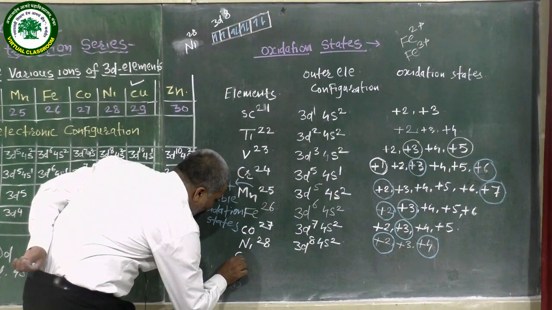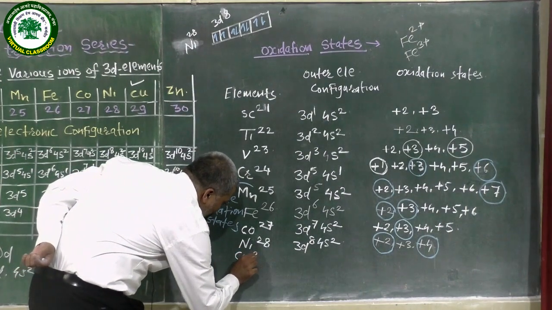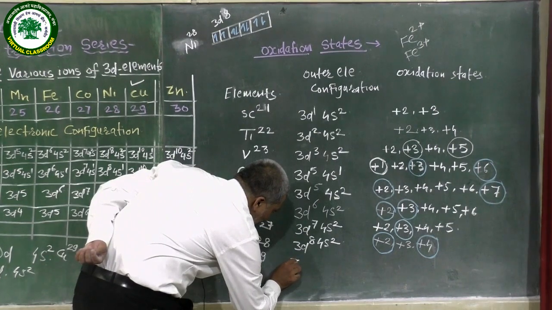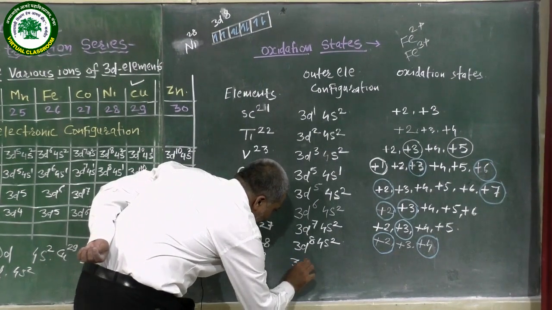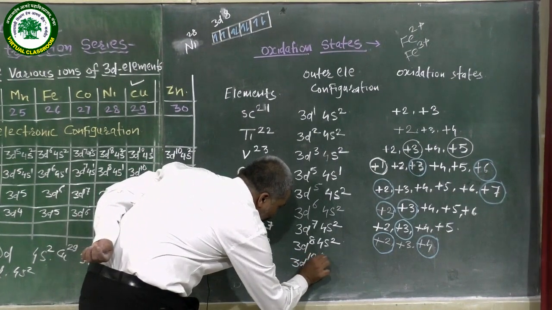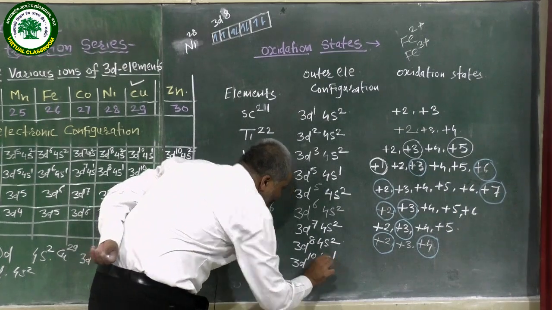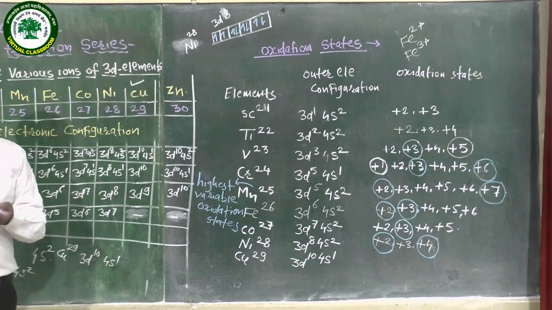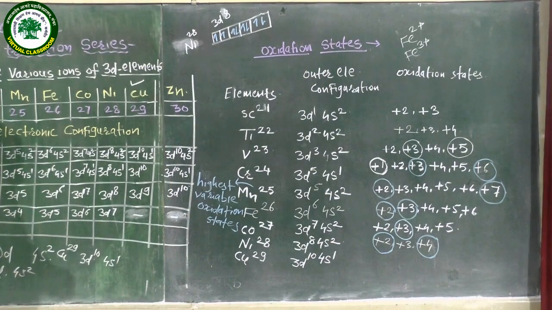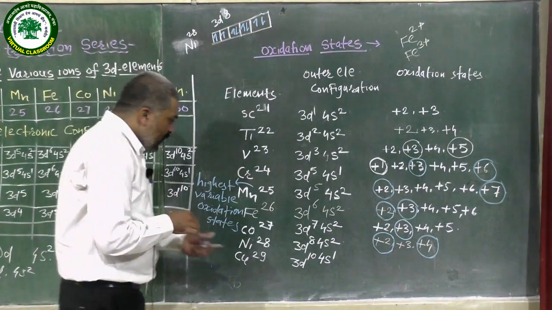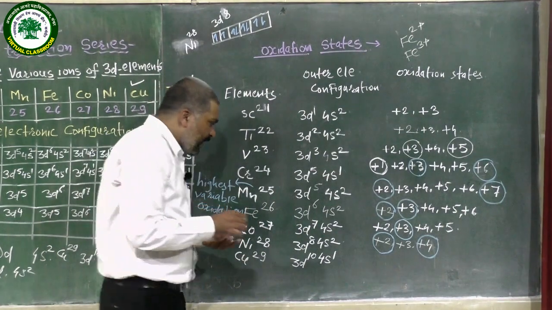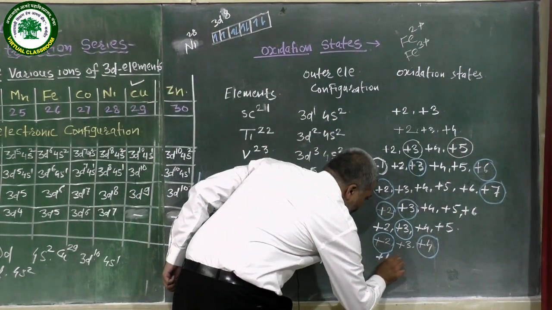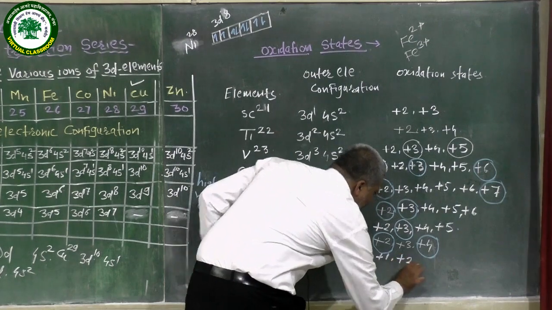Then copper. Copper has the atomic number 29, with configuration 3d10 4s1. In copper, the d orbital is completely filled, therefore it shows plus 1 and plus 2 oxidation states.